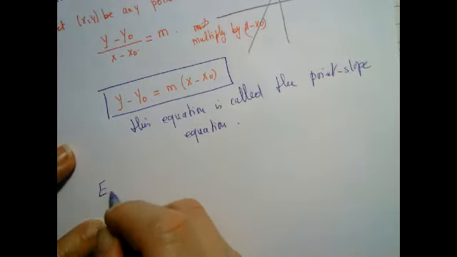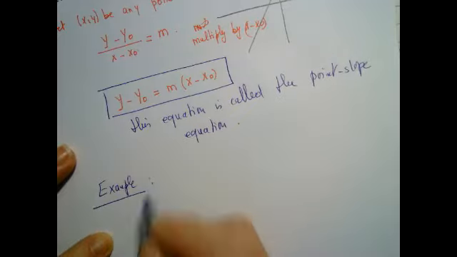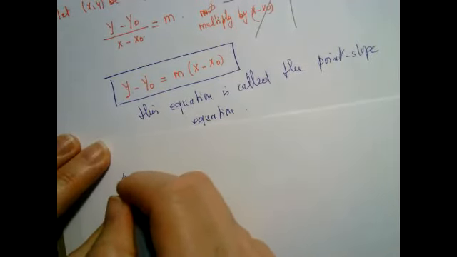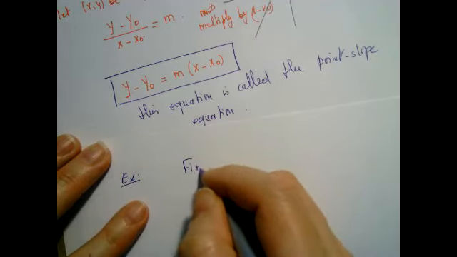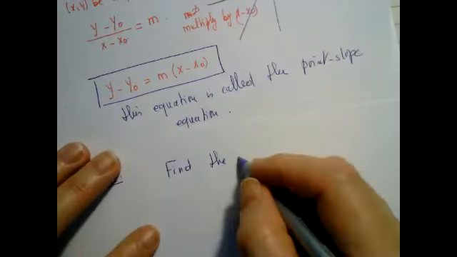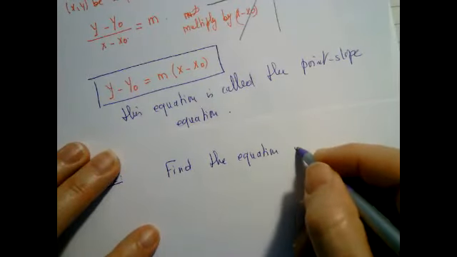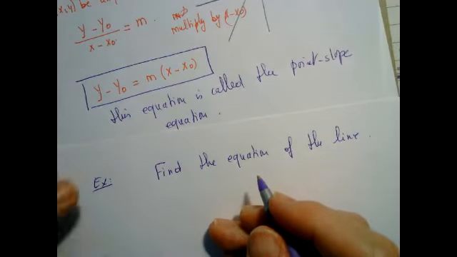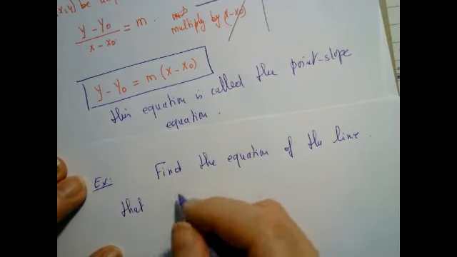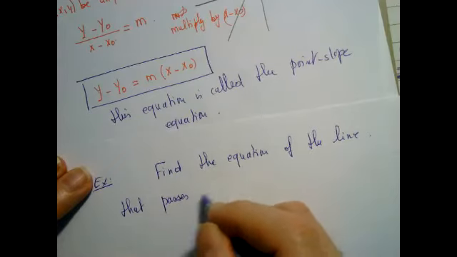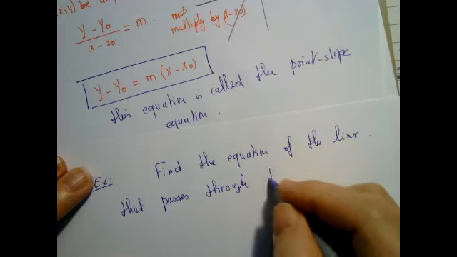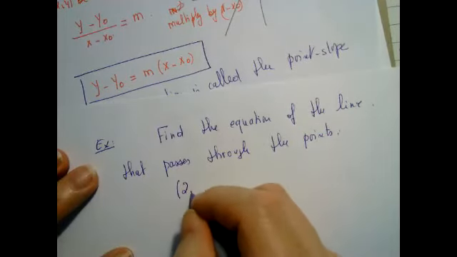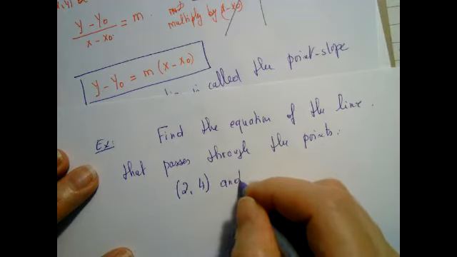Example: find the equation of the line that passes through the points (2, 4) and (6, 12).